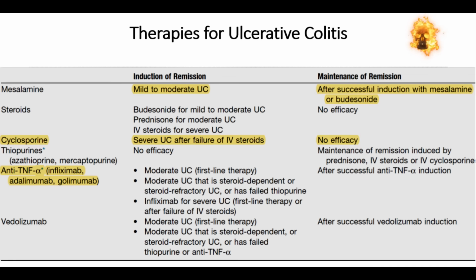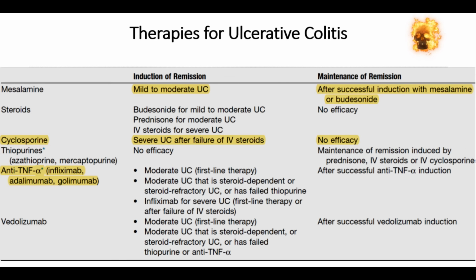Thiopurines, azathioprine, mercaptopurine, are used in addition to the other drugs, and they have the main role in the maintenance of remission. Infliximab, adalimumab, golimumab are used for moderate to severe ulcerative colitis which is steroid refractory, and after failure of IV steroids.